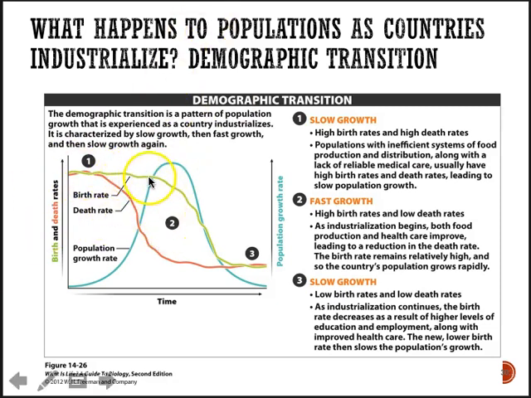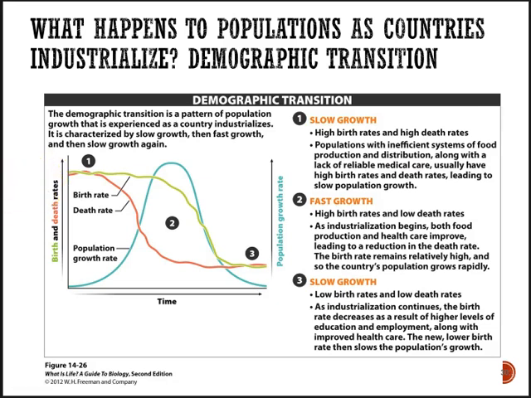Eventually, though, we see this repeatedly, that birth rate declines, and it'll decline fairly rapidly until it goes back to being stable, but at a much lower level. So that's what happens to birth rate as we go through this demographic transition, as we transition into an industrialized country from being a non-industrialized or developing country.